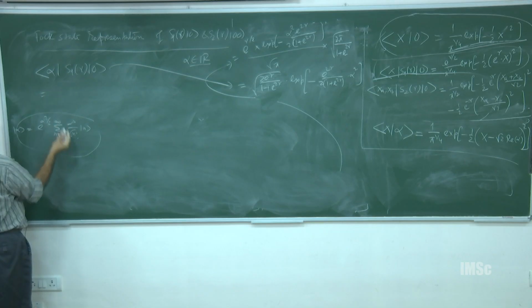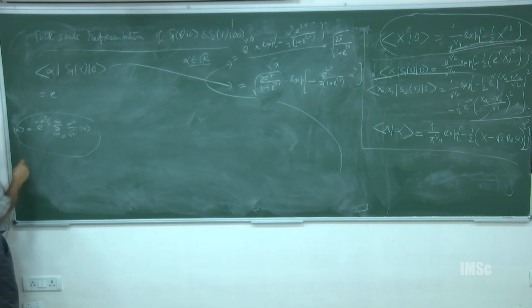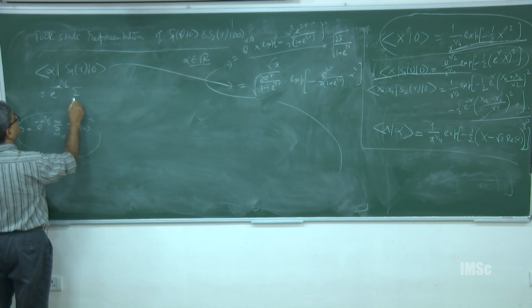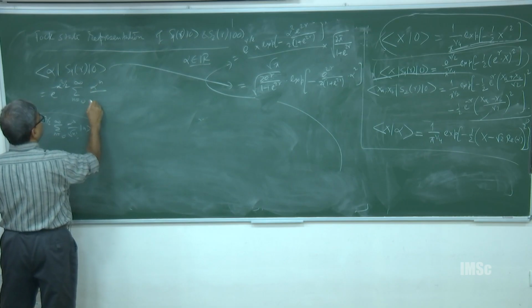So, this can be written therefore as e to the power minus alpha square by 2, because this is real, and then sum over n equal to 0 to infinity, alpha again is real, alpha to the power n over square root of n factorial.